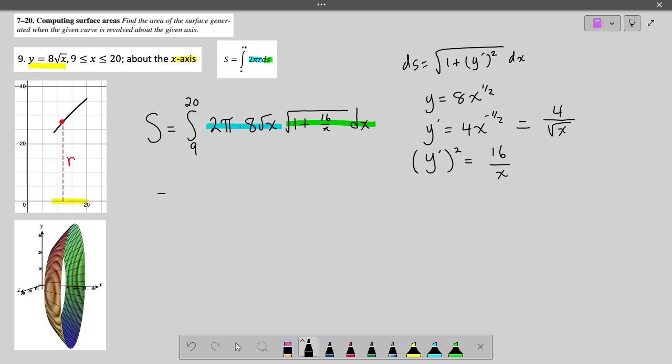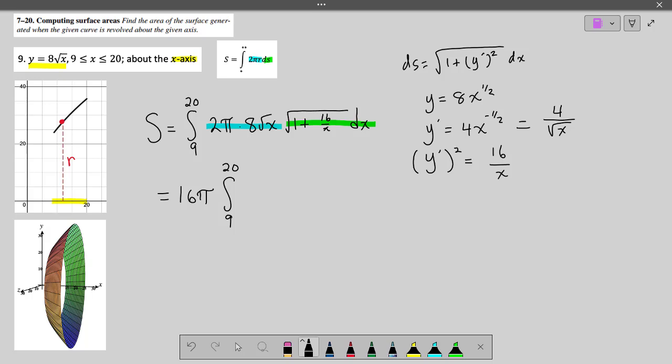Constants to the front. So we have a 16 pi that's coming to the front. All right. How do we combine two square roots? How do we multiply them together? What do you do if you have two square roots and we're told to multiply them together? Can we turn it into one square root?